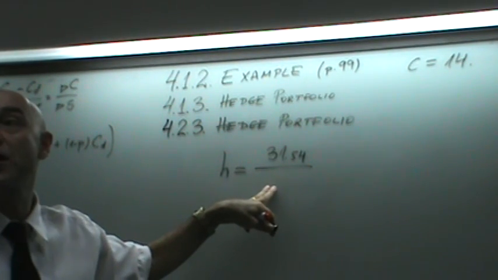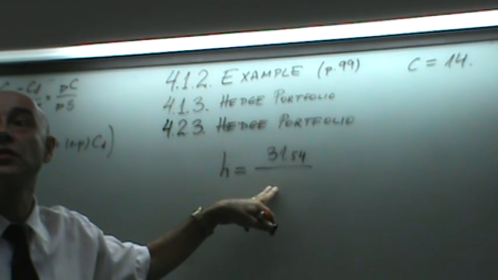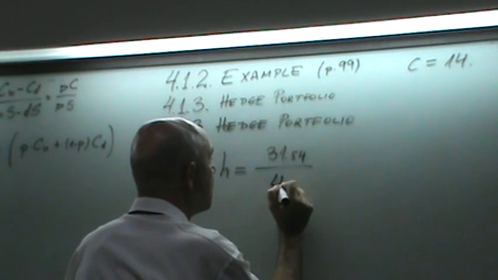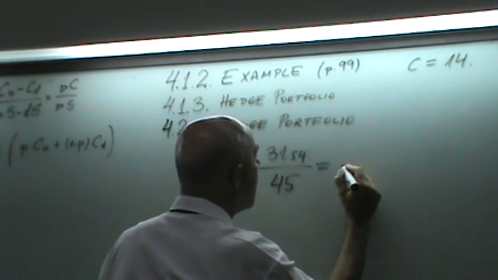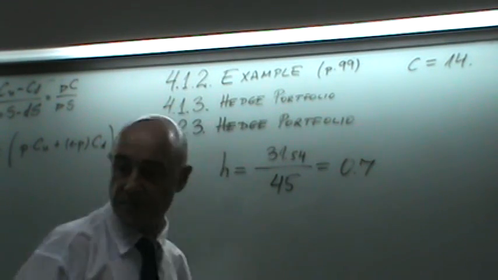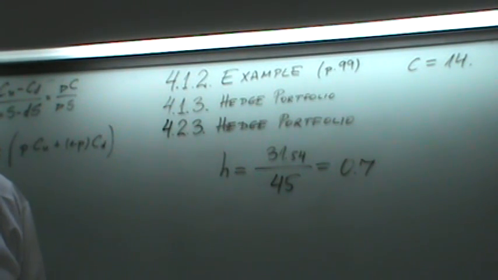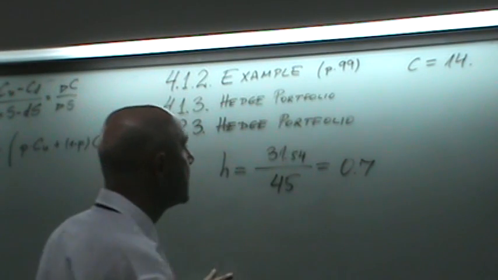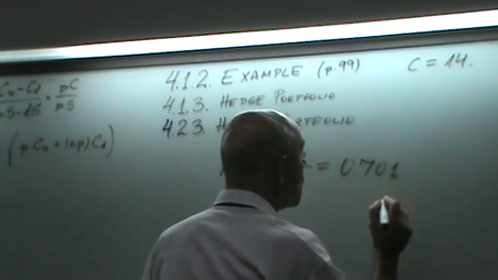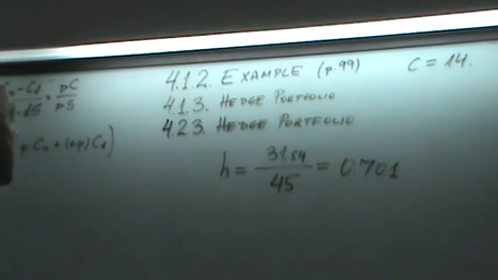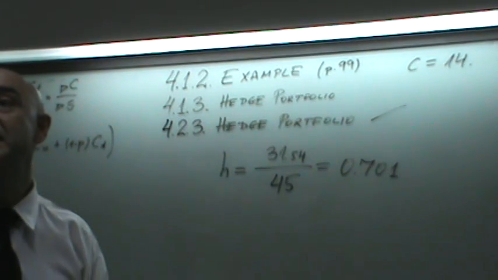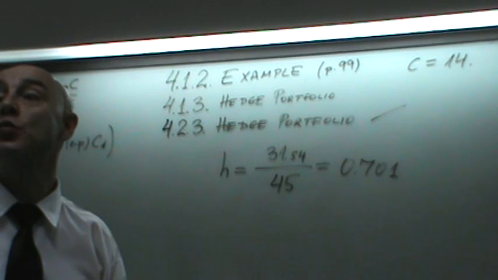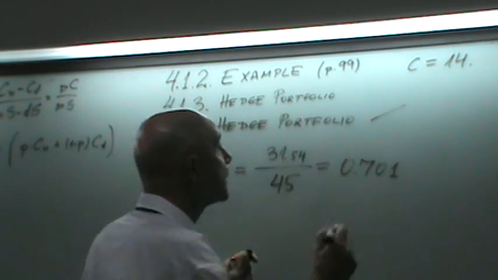What's the change in the value of the stock? It's 45. So that's about 0.7, 0.701. So the hedge portfolio will be 0.701 stocks.